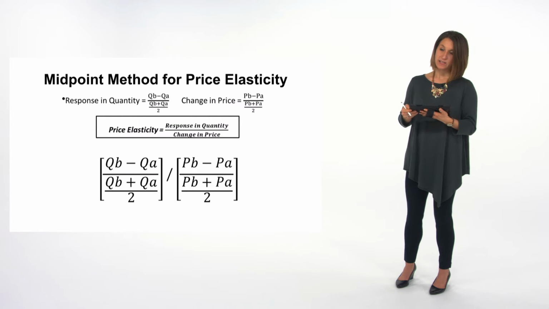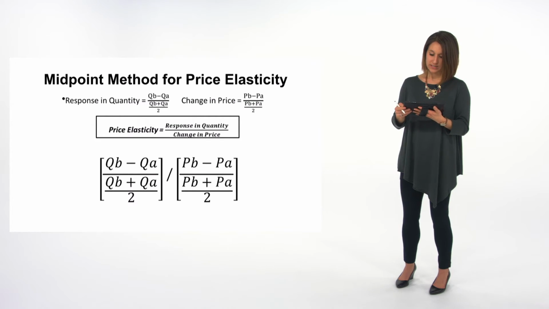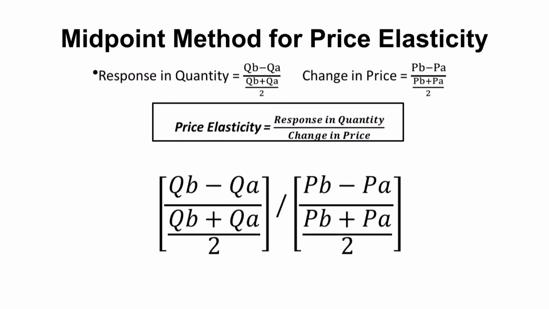To be able to calculate the price elasticity of demand or price elasticity of supply, what we're trying to observe is by how much does the quantity respond to the price change. So when we calculate the price elasticity of demand or price elasticity of supply, we look at the response in quantity when we have a movement along one of the curves divided by the change in the price.